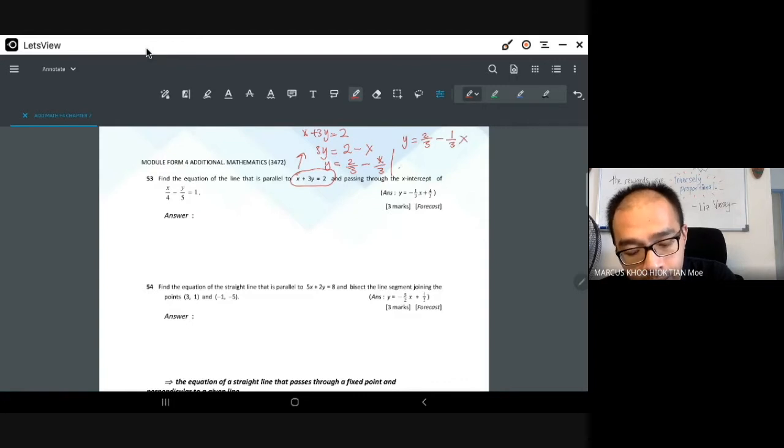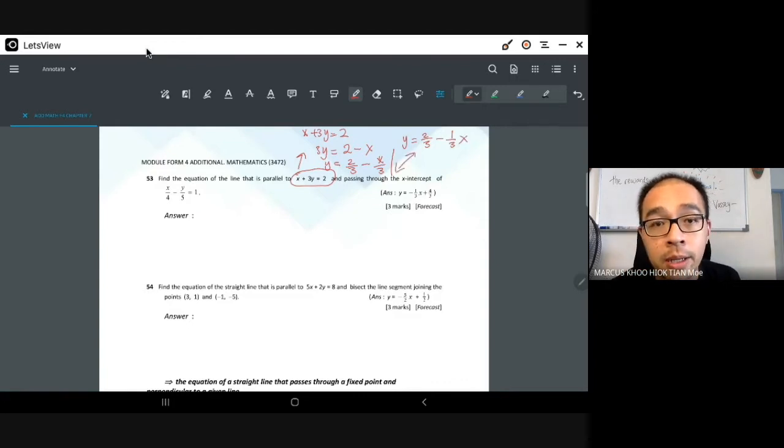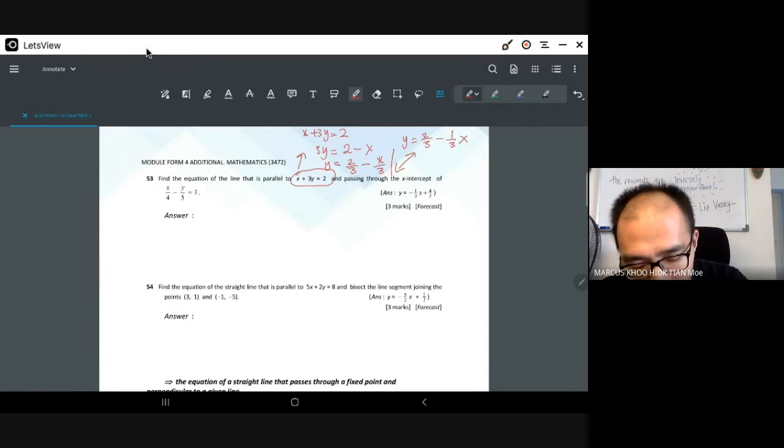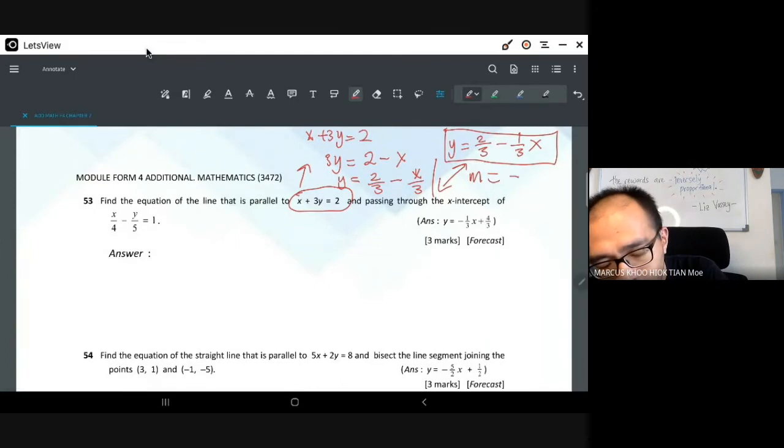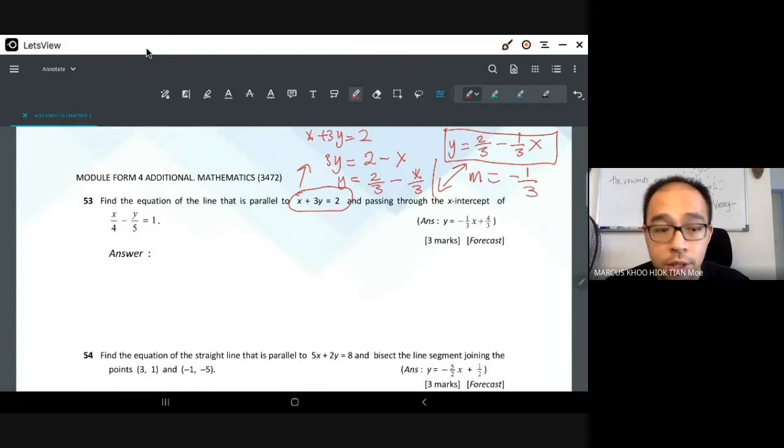This is the same thing, guys. But now tell me, from this equation, what is my gradient? It is negative 1 over 3. So first thing settled, gradient is negative 1 over 3.